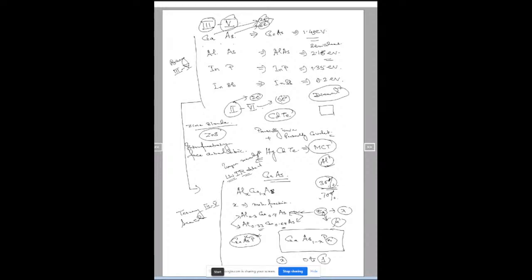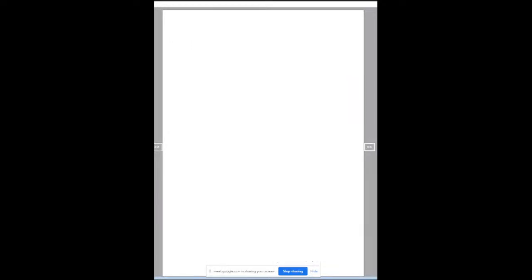If we do that, then you get another class of materials. Say I have gallium arsenide and I add indium here and phosphorus here.